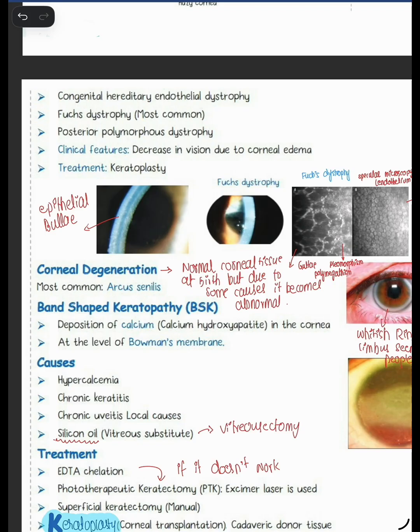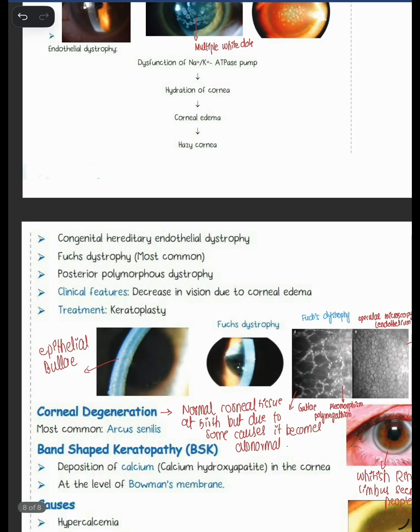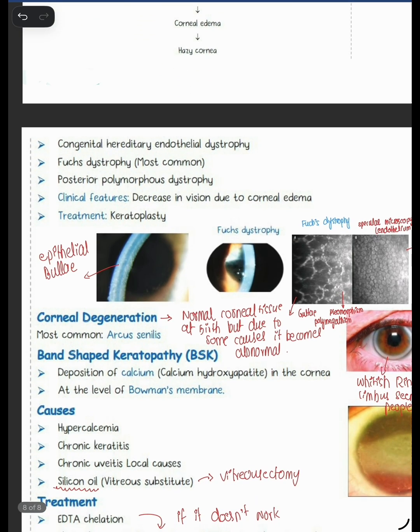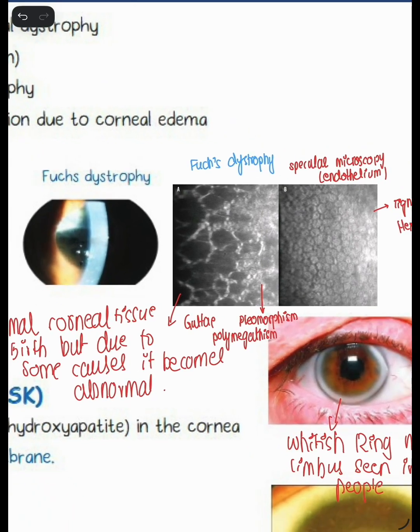and the hazy cornea. And what are the congenital hereditary endothelial dystrophies? These are the types of the endothelial dystrophy, Fuchs dystrophy and the posterior polymorphous dystrophy. The congenital hereditary endothelial dystrophy occurs due to hereditary conditions, and in the Fuchs dystrophy we see the specular microscopy.